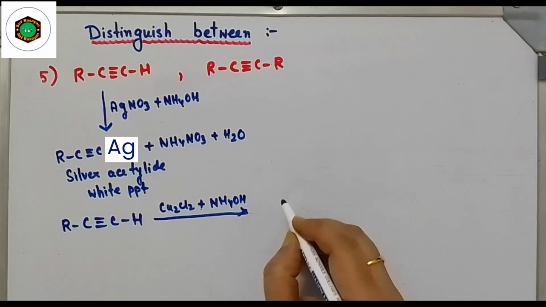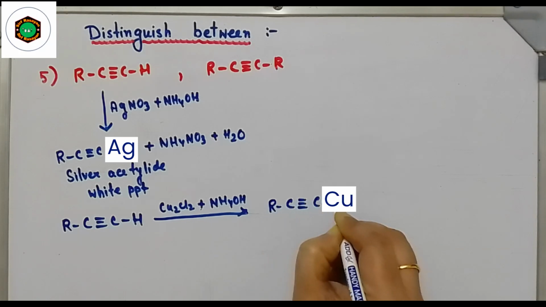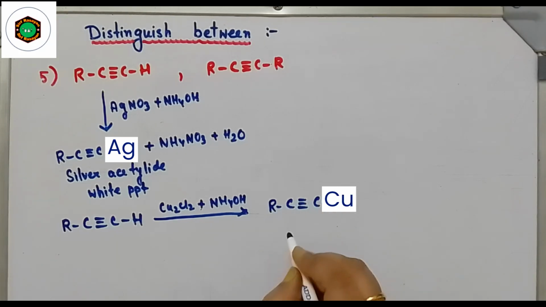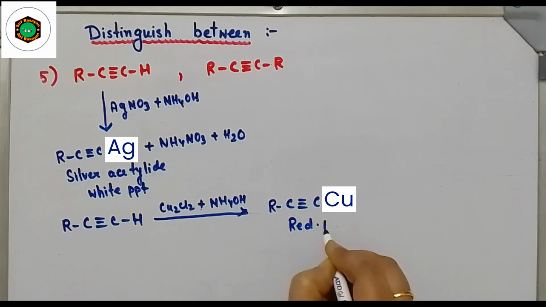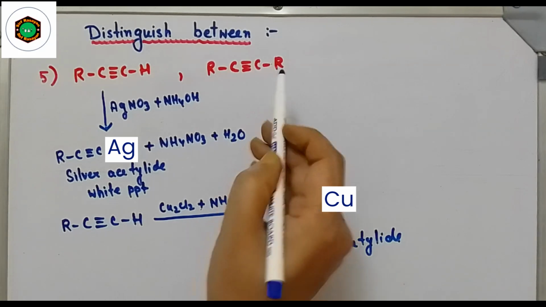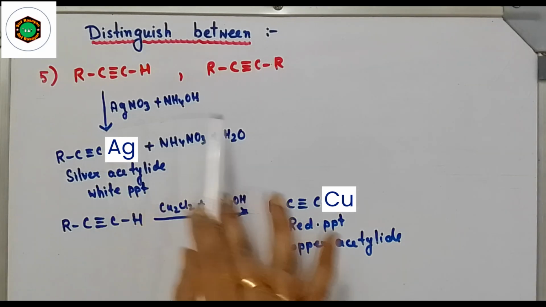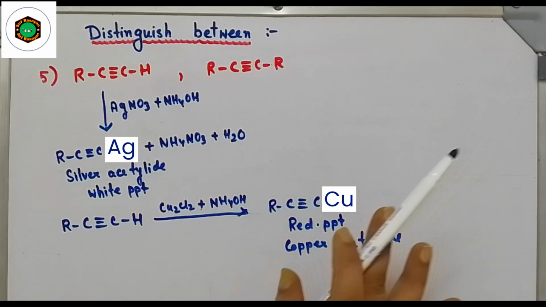This is acidic hydrogen, so obviously here you will get a red precipitate of this, copper acetylide. Since here there is no acidic hydrogen, when you perform a similar reaction, here you will not get any such product because there is no reaction. From here you can put an arrow, you can write those reagents, and write no PPT or no reaction.